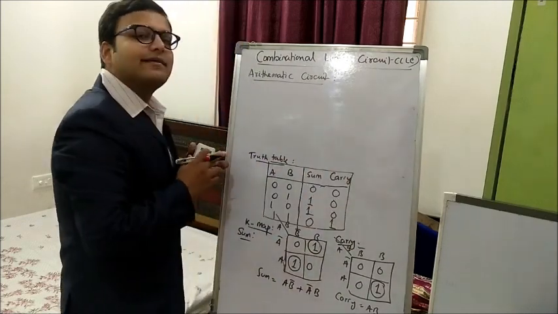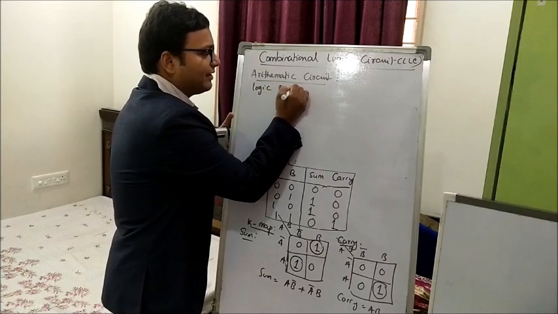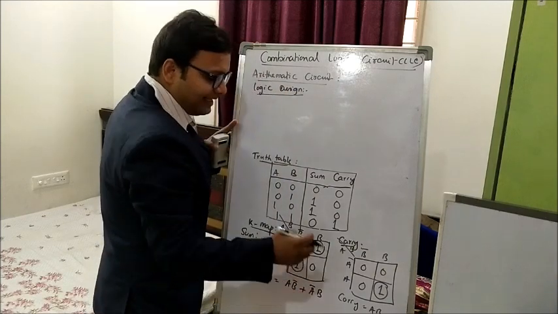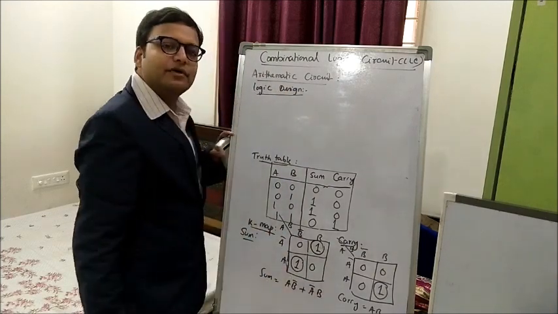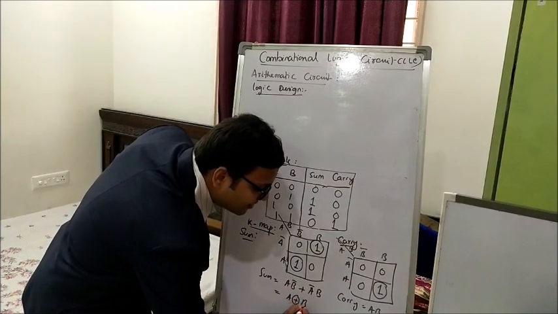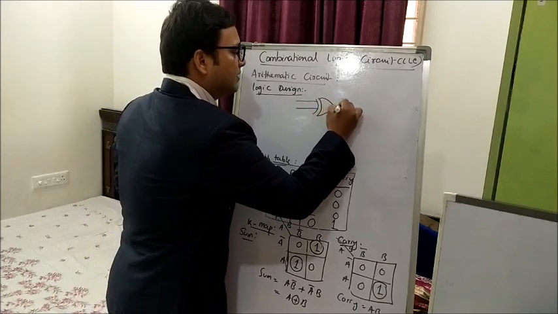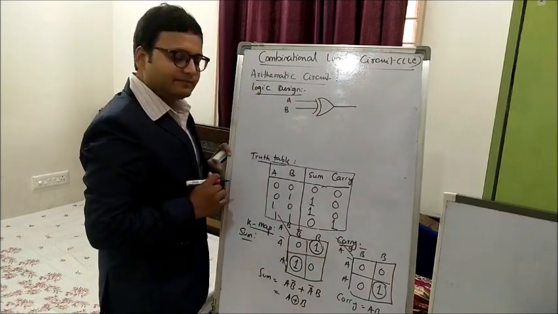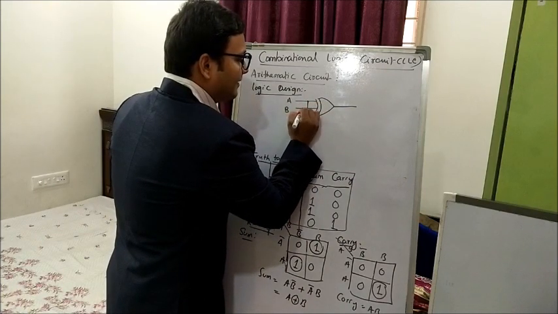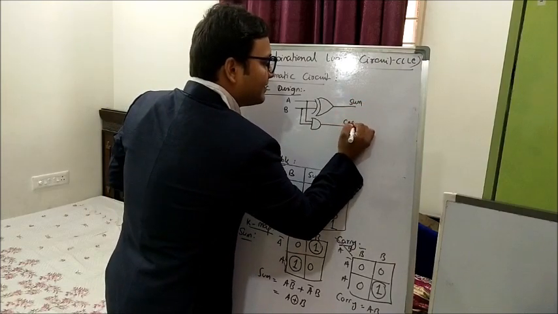For the logic design, I can realize it in the form of basic logic gates. The next step is the logic design for the half adder, which is actually required by us. So A bar B, A B bar: I can design it with the help of simple AND or NOT gates, but I know that A bar B plus A B bar is A XOR B. Next, carry is nothing else but A B. So this is my sum and this is my carry.